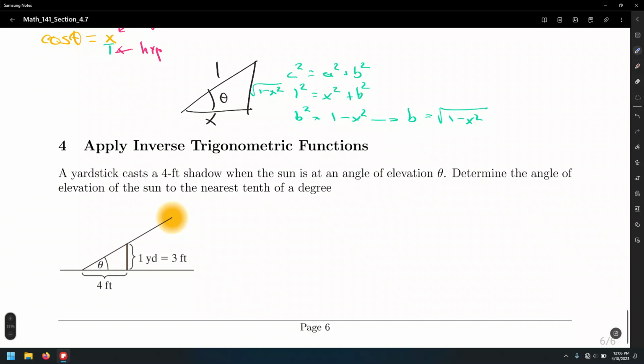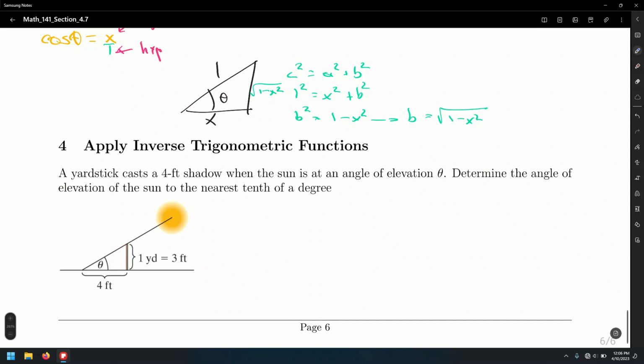So all we need to do is simply relate the given information to the best trigonometric function we can think of. In this case, we are given this triangle for which this is the acute angle theta that it wants us to find, and we're given the length of the opposite side to the angle and the length of the adjacent side. Which trigonometric function relates those two sides?